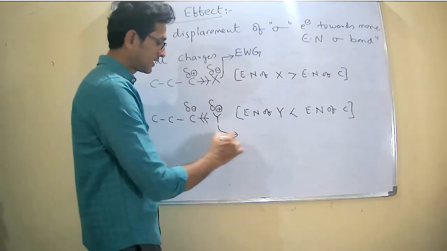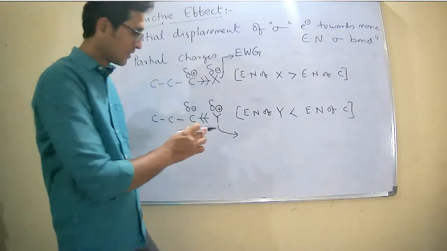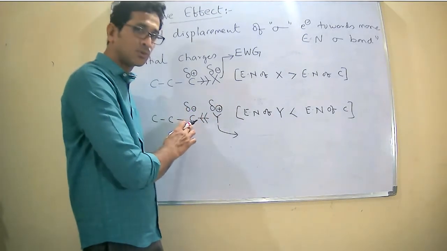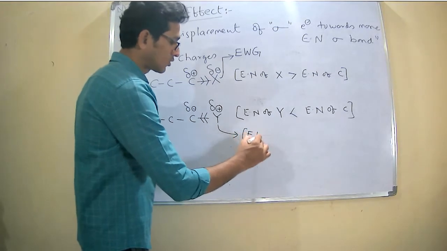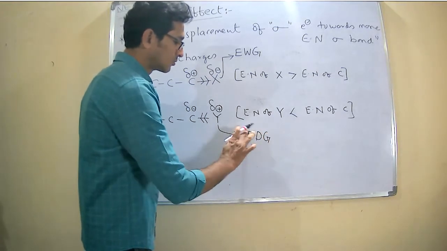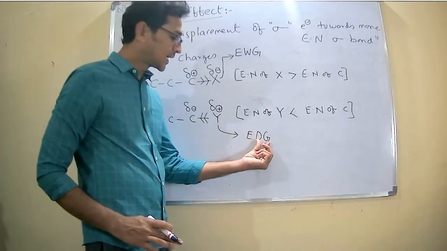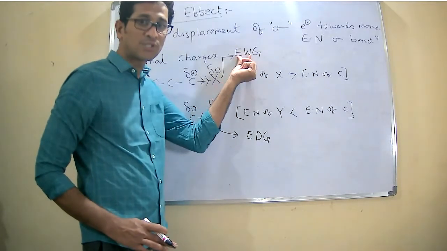In the same way, coming to case 2, Y donates electrons with respect to the carbon. Therefore, this is called an electron donating group because it donates electrons. And this is the electron withdrawing group.